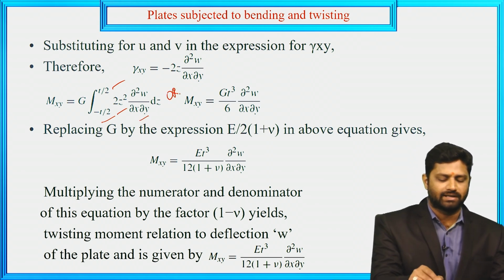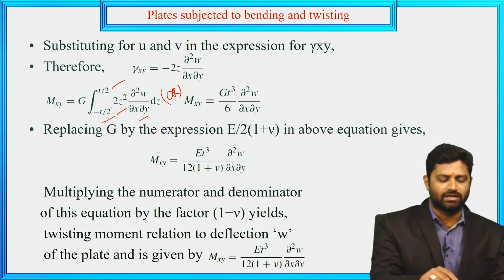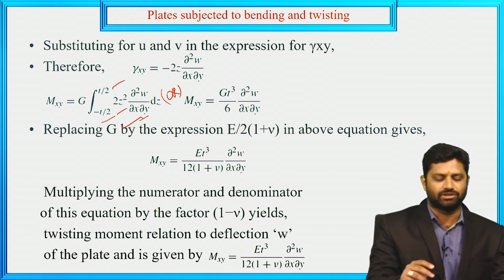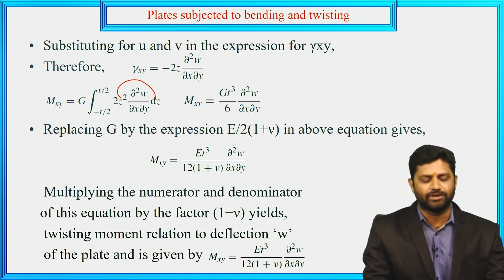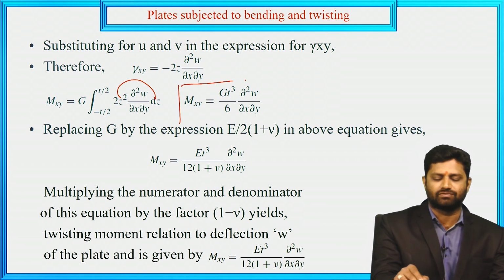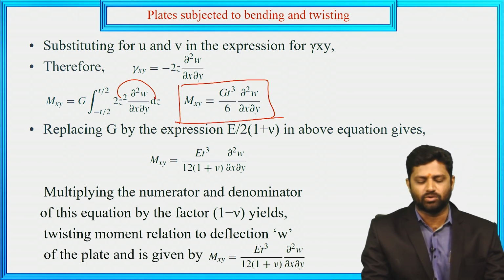Now when you integrate this expression, we have only z², and the integration of z² is z³/3, and when you substitute the upper limit and lower limit, you are going to get the equation for Mxy as Gt³/6 into ∂²w/∂x∂y.